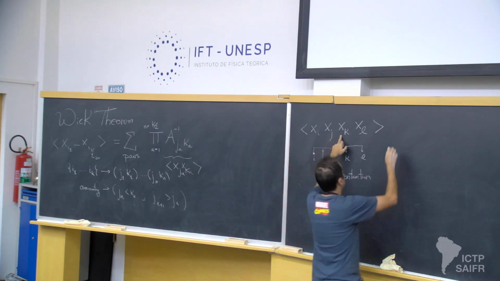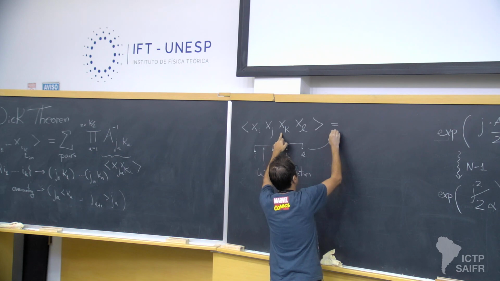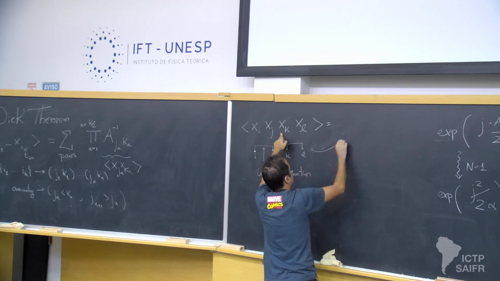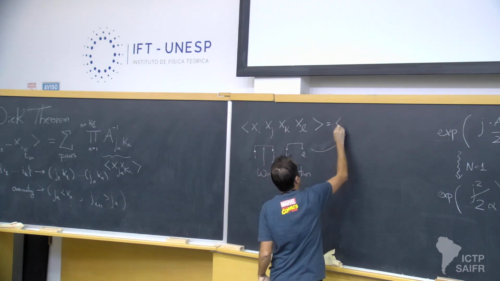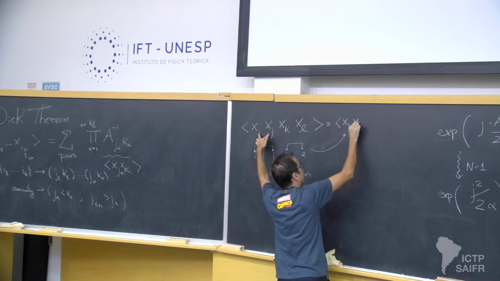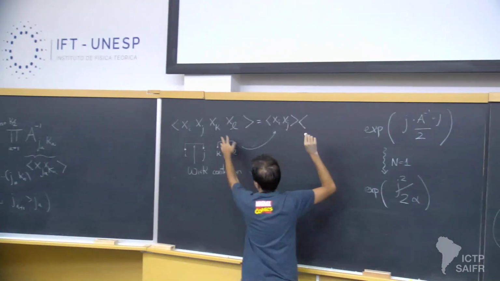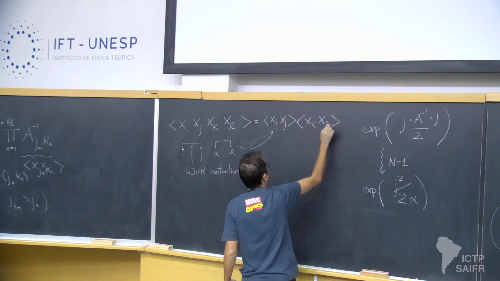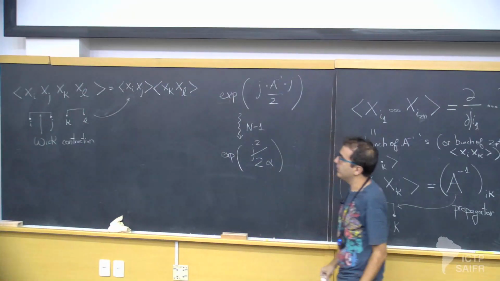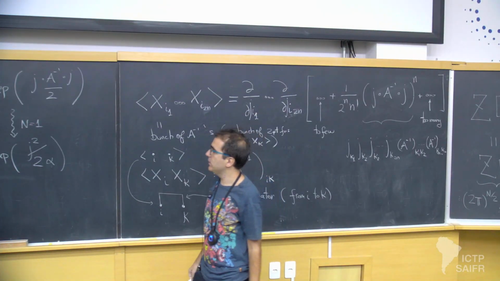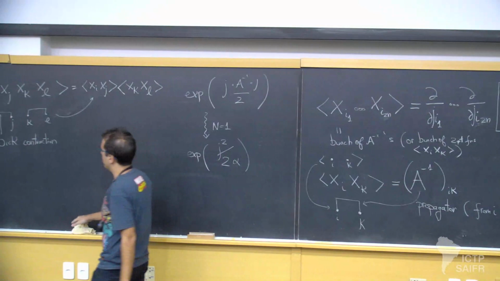And then this first term is equal to, I just contract i with j, so I get xi, xj, and then the other, xk, xl. That's one pair, i with j, k with l. Do you agree? So what are the other options?